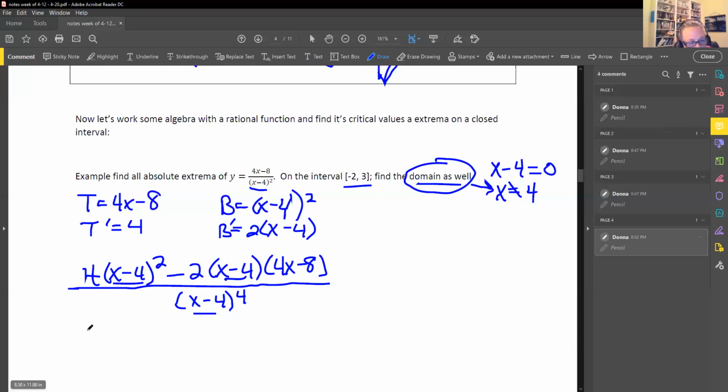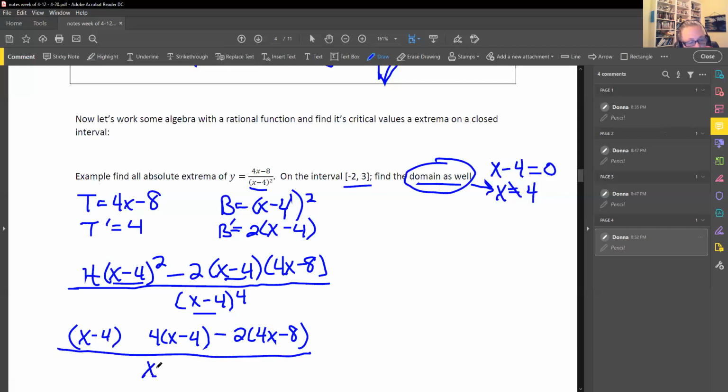So I take an x minus 4 out of the top, and I'm left with 4 times x minus 4 minus 2 times 4x minus 8. I just pulled out one factor, and then I'm dividing by x minus 4 to the 4th.